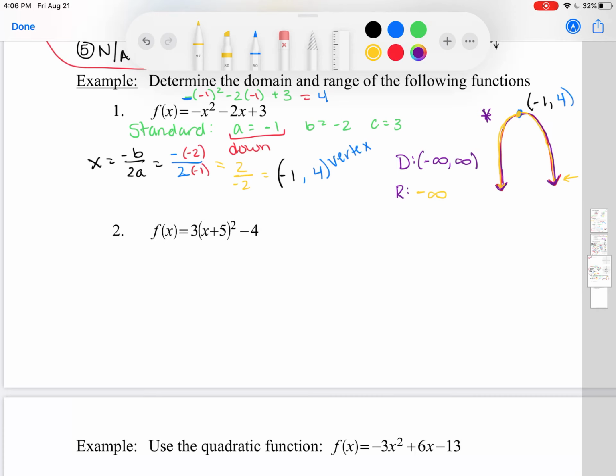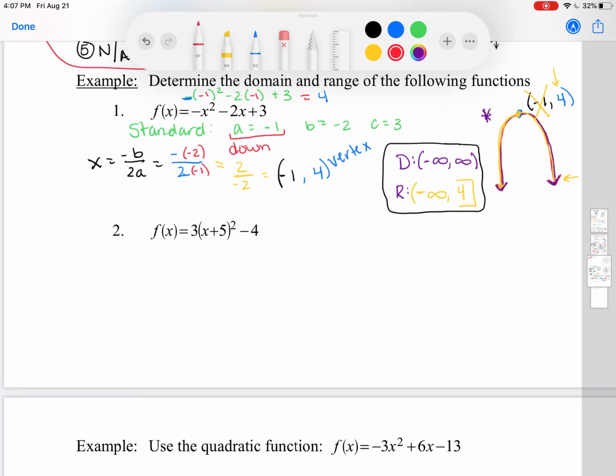So it's coming all the way up to that vertex value, and I'm not going to say -1 because it's the range. I am concerned about the y value here. So it's going all the way up to a positive 4. I can put parentheses around the negative infinity, and it does equal that 4, so I'm going to put a bracket there. And that is our final answer for this question. So if you need to graph it out or you need to do a quick sketch, by all means, you may.